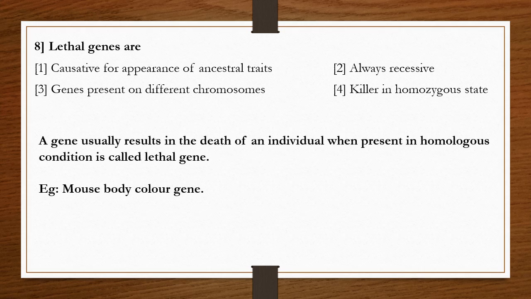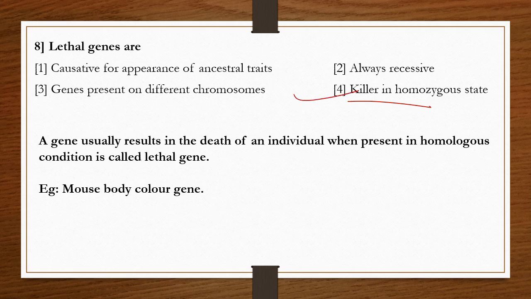A gene that usually results in the death of an individual when present in homozygous condition is called a lethal gene. Applying this definition to the options, option 4 is correct.